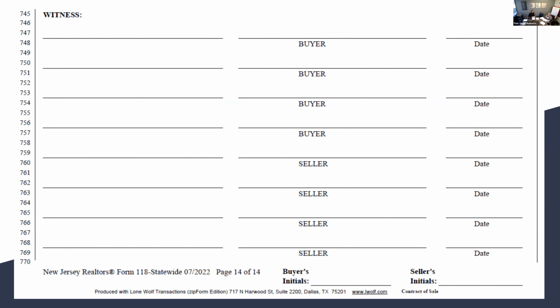Yeah, that's exactly it. We just had a property where 6 siblings inherited a property. What we will do is that all six must sign. You can add additional signatures. So on the other side, there's room, you're just going to add seller. So in our case, it's 6 people selling a property, and they all have to sign and they all have to initial everything.